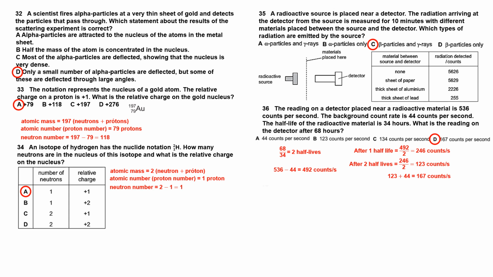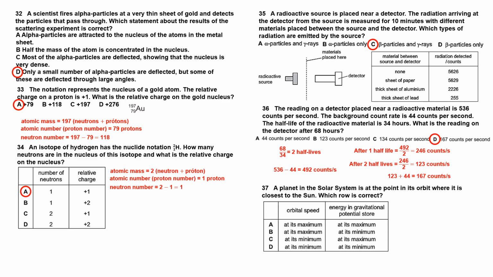Question 37. A planet in the solar system is at the point in its orbit where it is closest to the Sun. Which row is correct? In our solar system, 2 key points in a planet's orbit are the perihelion and the aphelion.